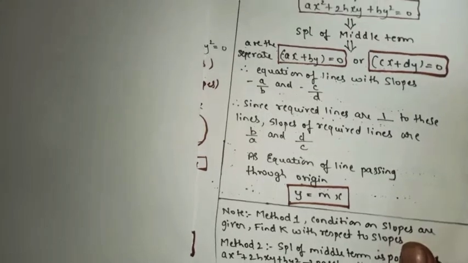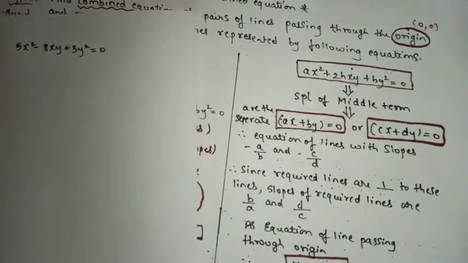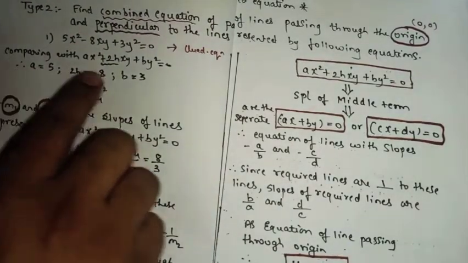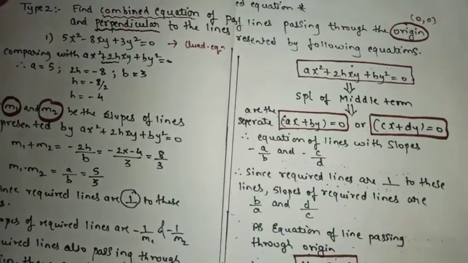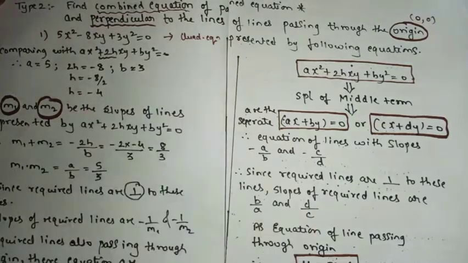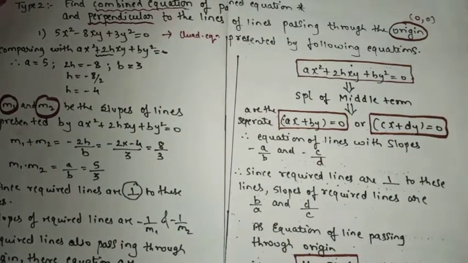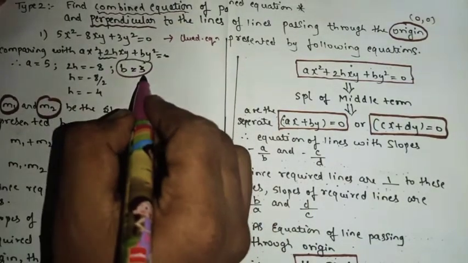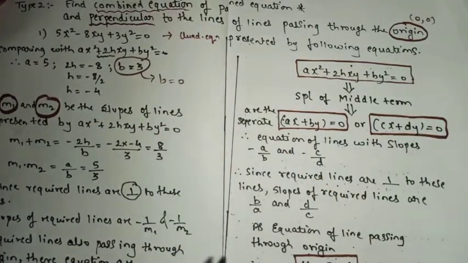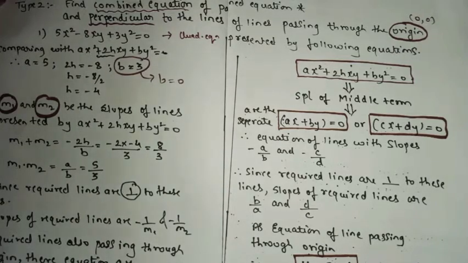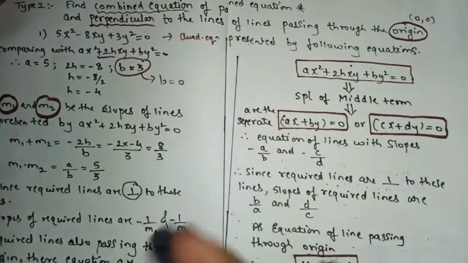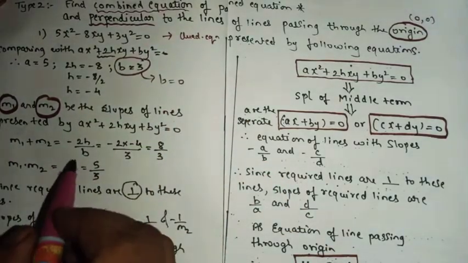That means after comparing with ax square plus 2hxy plus by square, suppose you get the value of b equal to 0. If the b term is absent, that means the y square term is absent, we can say the value of b is 0.